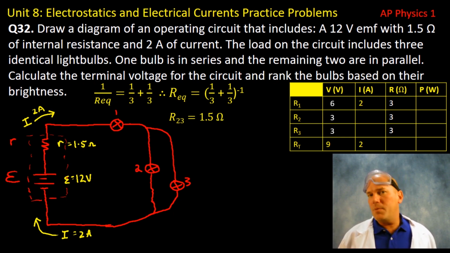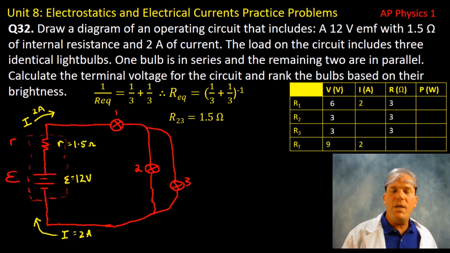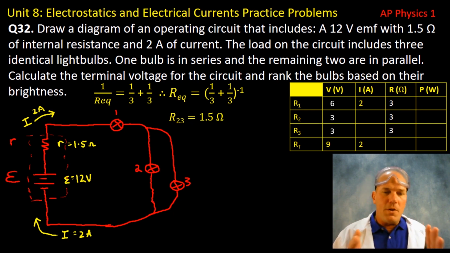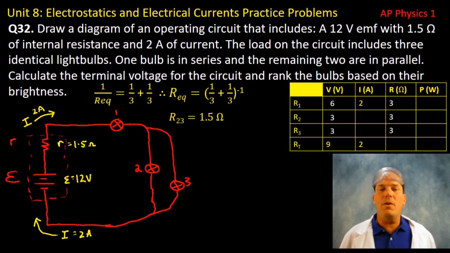Notice the subscript usage here. Capital R subscript 23 is saying that is the equivalent resistance for that parallel branch. In other words, I could remove light bulbs 2 and 3 and put a light bulb in that had a resistance of 1.5 and it would work the same. That's what that's saying there.